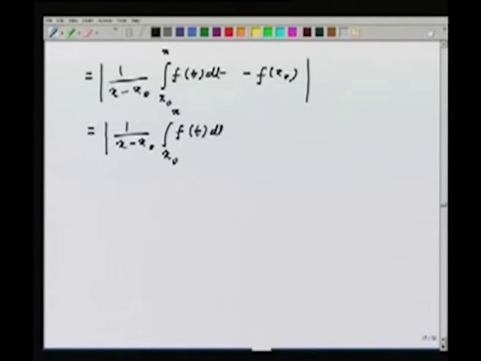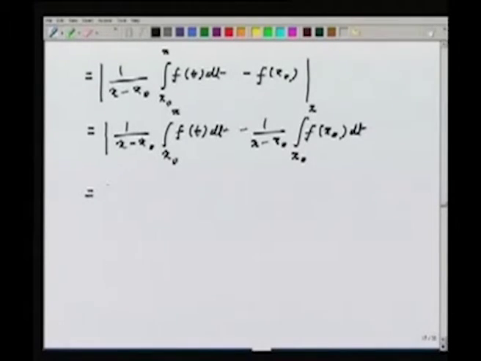No change here. The next quantity I write as 1 by x minus x0 times integral x0 to x f(x0) dt. Notice that in the integrand there is no function of t, f(x0) is constant. That means it will come out of the integral, and the integral becomes just x minus x0. But in the denominator there is an x minus x0, they will cancel each other. So the end result is f(x0), which I already had in my case.